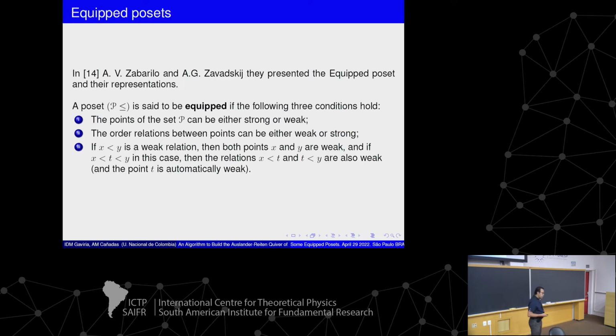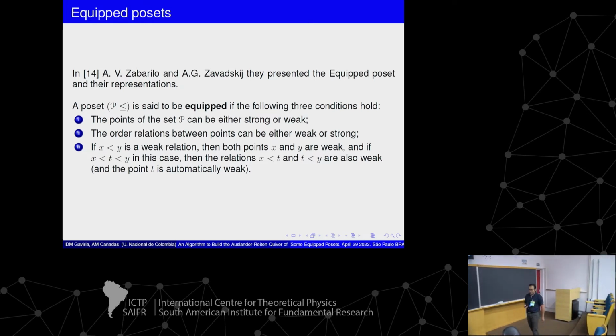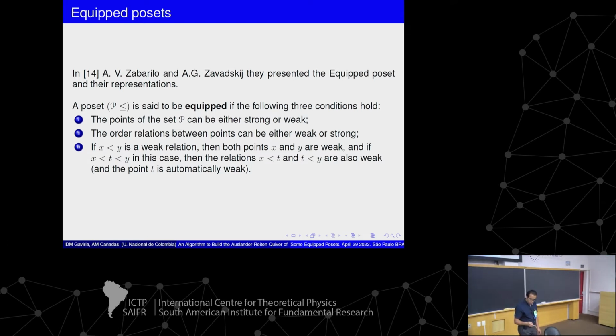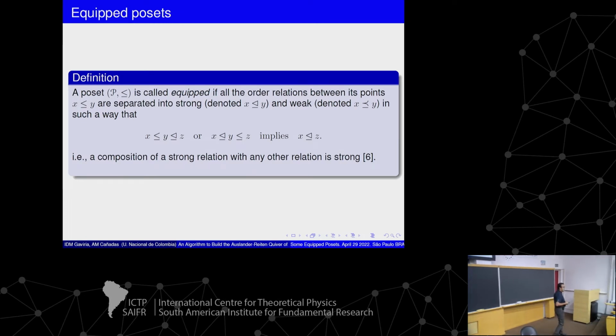This is the original definition of one equiposet given by Zavadskij and Zavadsky. And we start with one poset. Here is one update of this definition, also given by Zavadsky and Rodriguez.